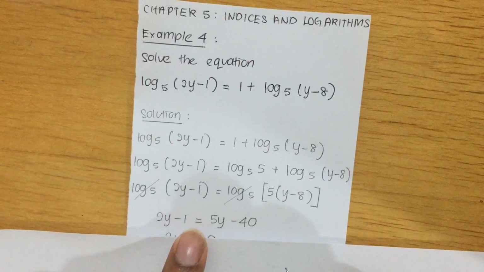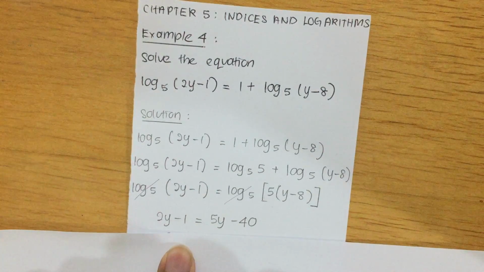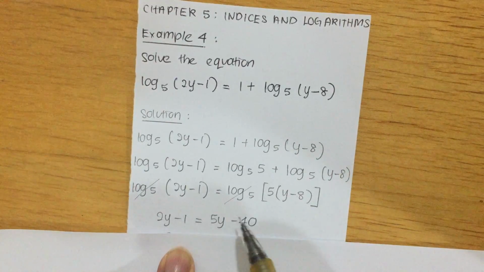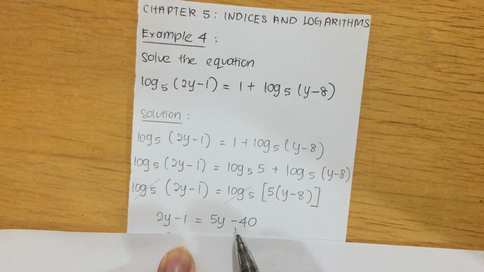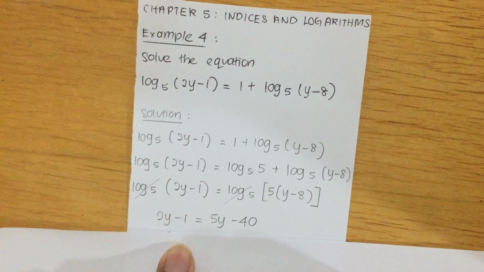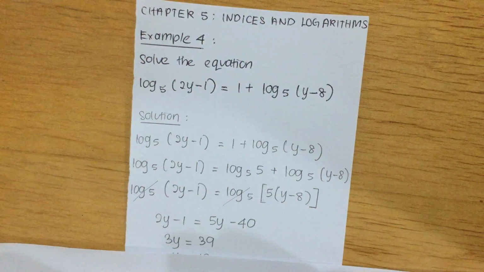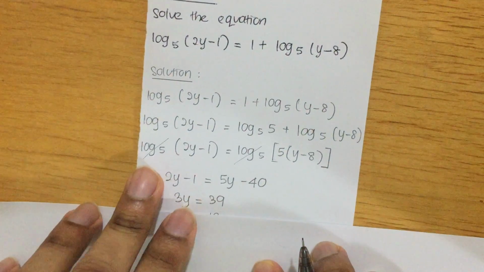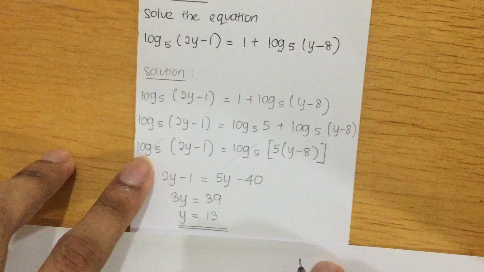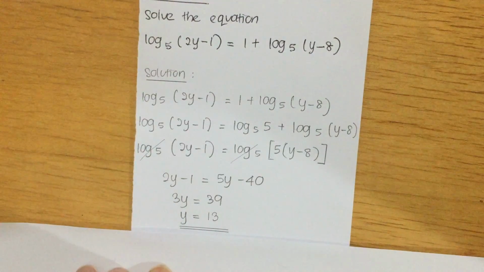The only thing remaining is 2y − 1 equals 5y − 40. You bring the y to the right-hand side and bring the negative 40 to the left-hand side. So you should be getting 3y equals 39, and y equals 13. So y equals 13 is your final answer, guys.